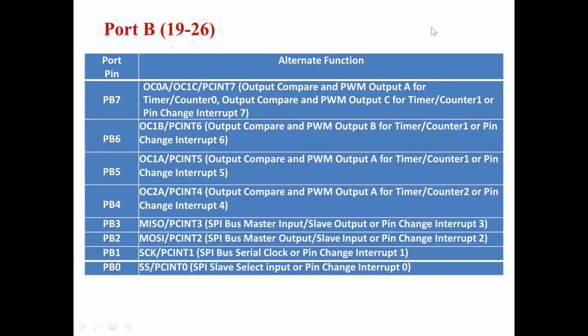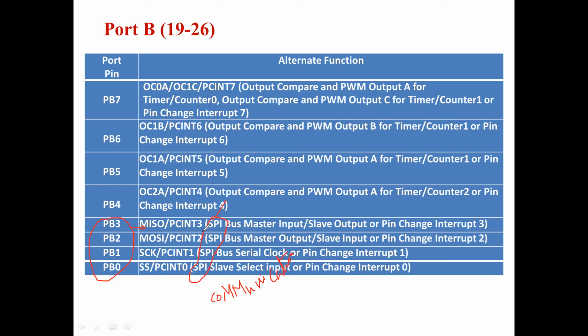And port B, another important port. You can see the port pins PB0 to PB3, which are more specific for SPI, serial peripheral interface communication. So if you want to send serial data through this interface, that is the SPI protocol, you can send the data through these particular pins.